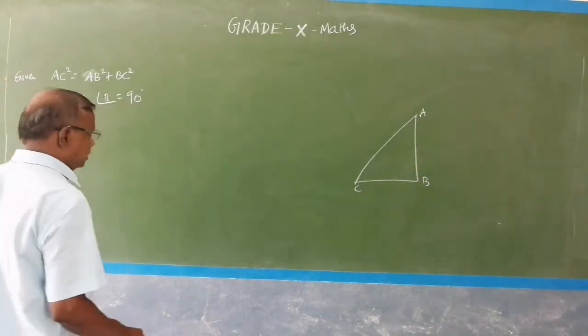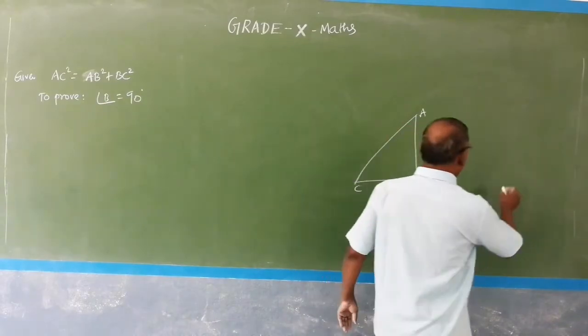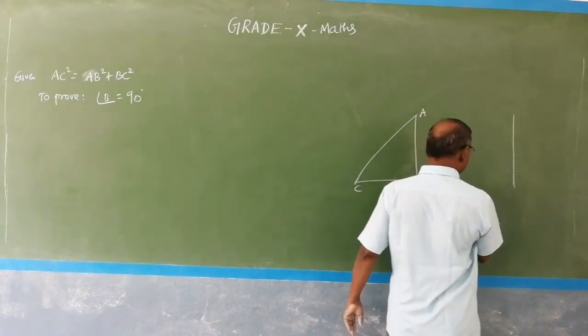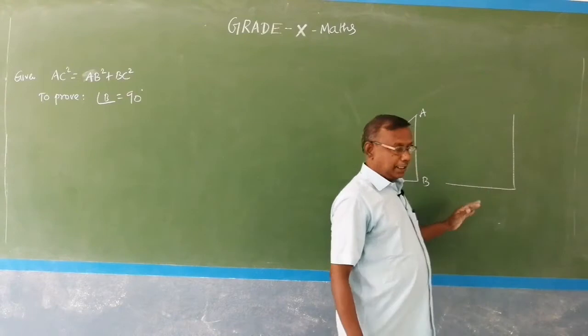Now construction. Let us construct a right angle triangle.